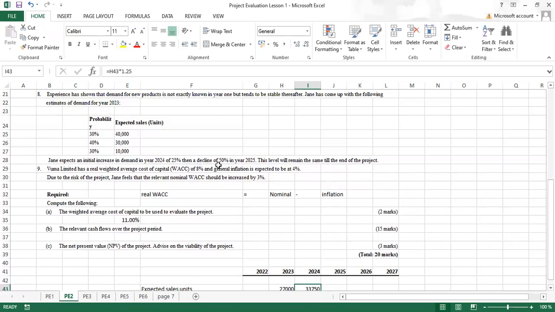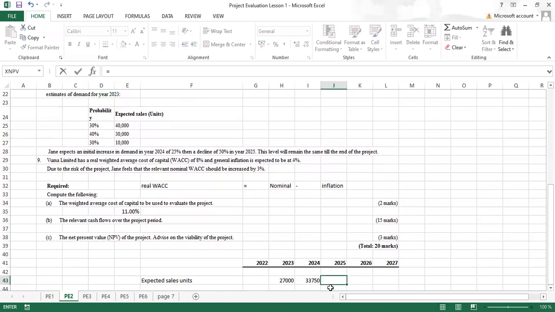Then a decline of 50% in the year 2025. So equals 2024 times 0.5, because it's a decrease of 50%. The 2024 we take as 100%. Control enter. The level will remain constant till the end year.